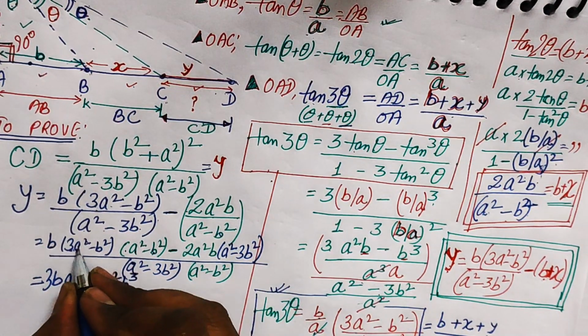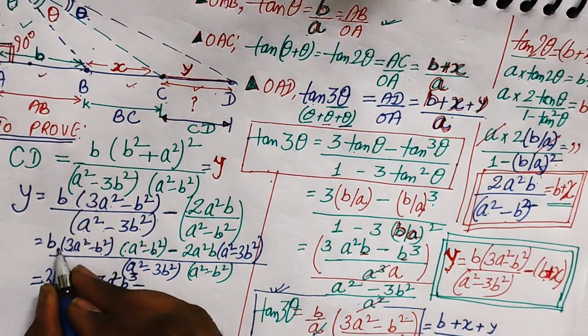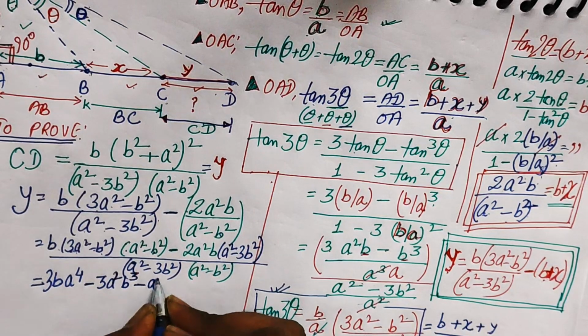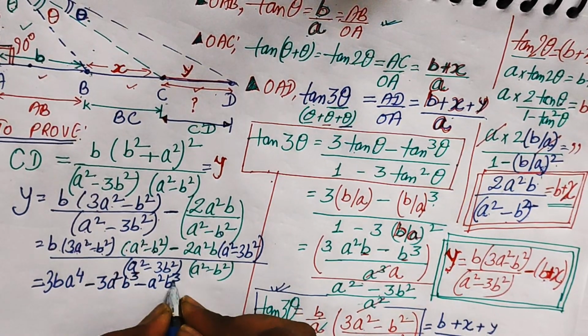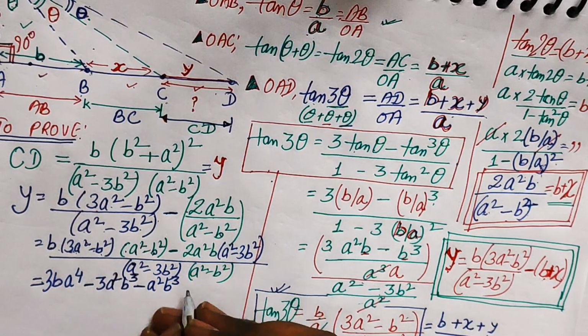Then the term of b square will come, then minus b cube into a square. So we can write minus a square b cube, right? Minus a square b cube.